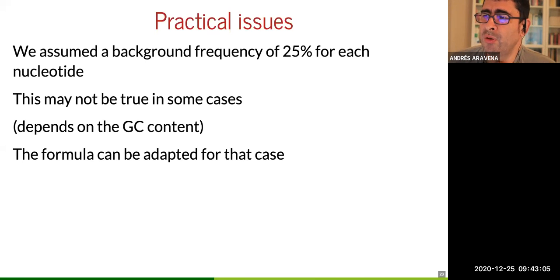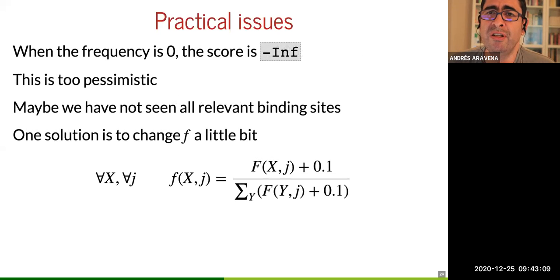Another practical issue is that if the numbers are 0, the score is -infinite, and that is very pessimistic, because if you get a 0, you will get -infinite, and -infinite will kill everybody. It's a super killer. So that is not a good idea, and what we'll do in practice is make a correction. The logic is this. We did several experiments, but we don't see everything.